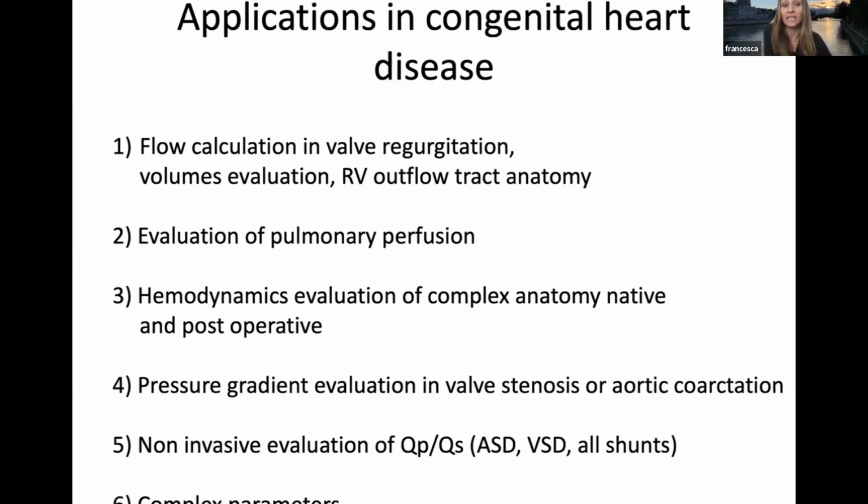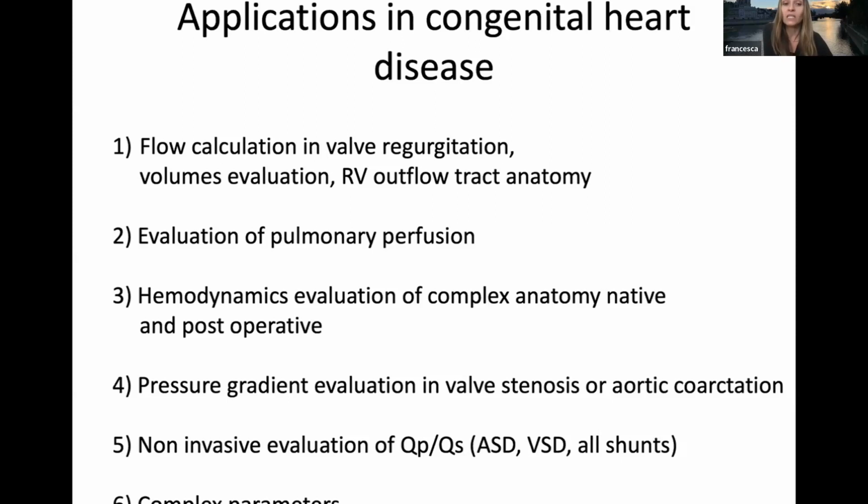We can calculate the flow in all places in the heart, intracardiac and in extracardiac vessels. We can study anatomy, of course, and I will show some images. We can evaluate the pulmonary perfusion without scintigraphy. We can evaluate hemodynamically, in a non-invasive way, complex anatomy, pre- and post-operative.